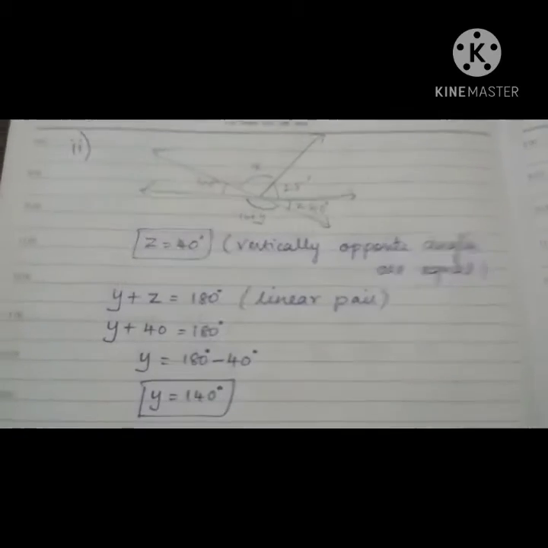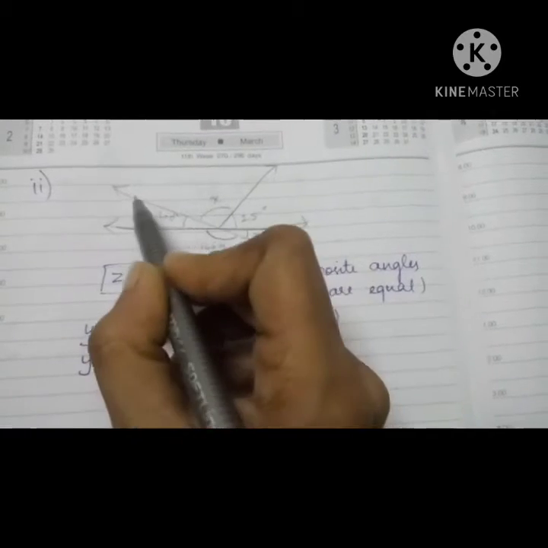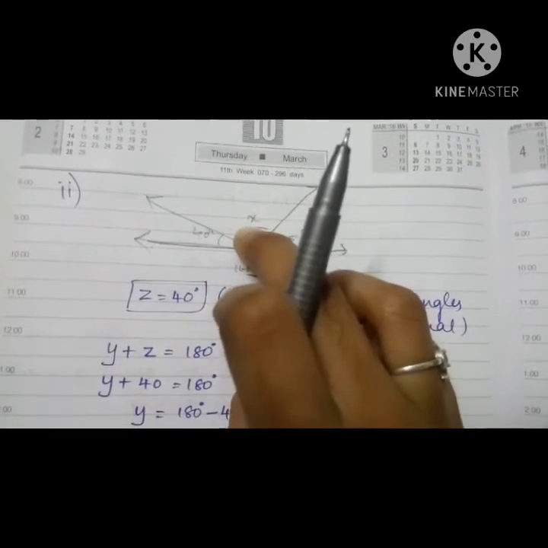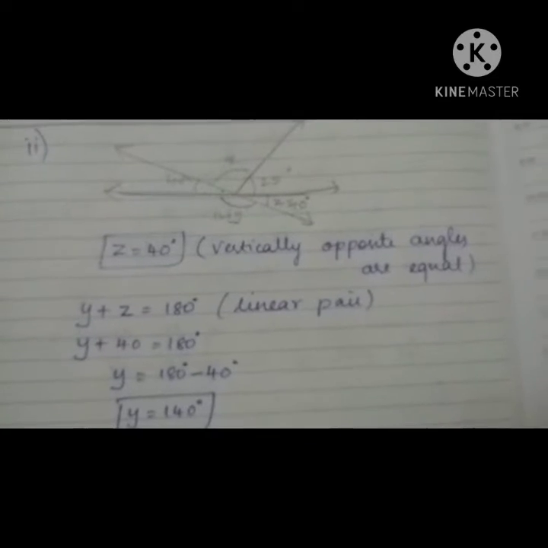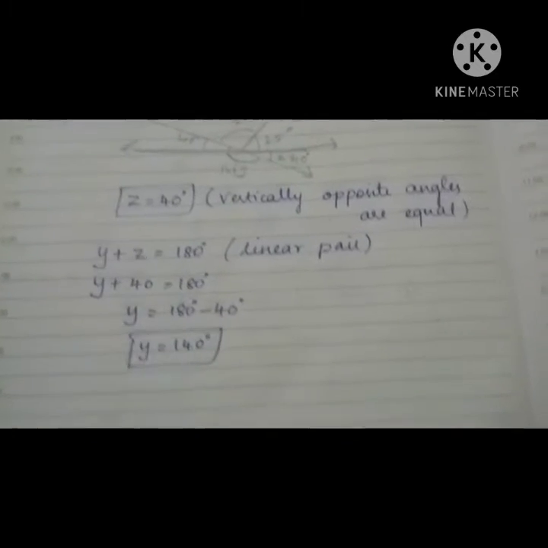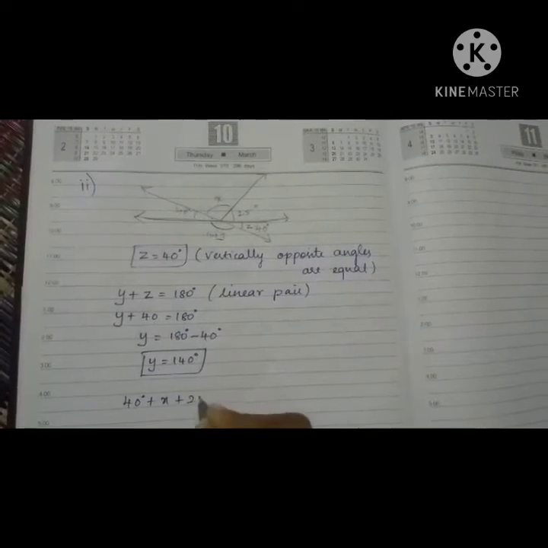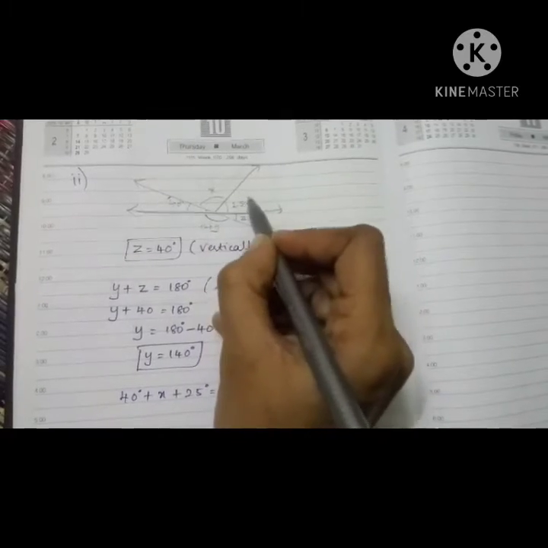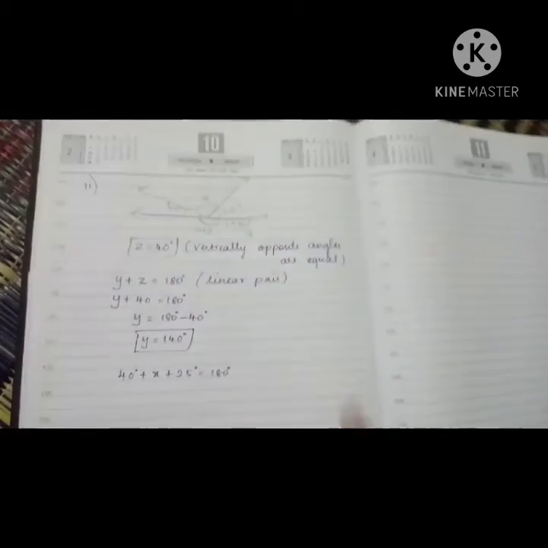Okay, so listen, x is very easy because this is a straight line and these are the two arms present. So if you add 40 plus x plus 25, you will obviously get 180 degrees, because all these three angles lie on the same straight line, correct? So 40 degrees plus x plus 25 is equal to 180 degrees.